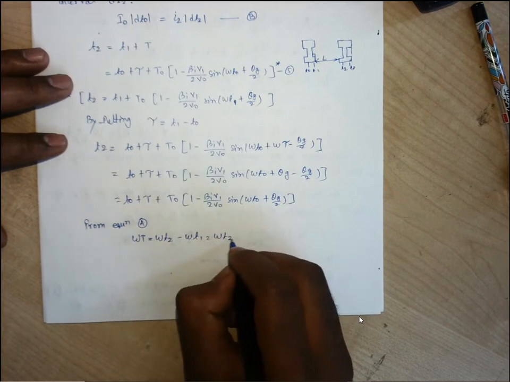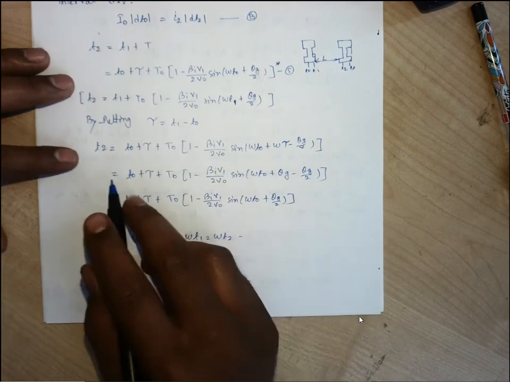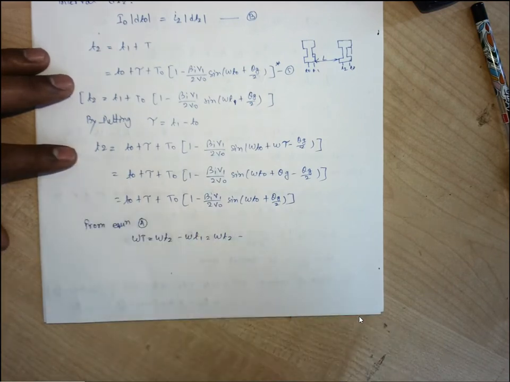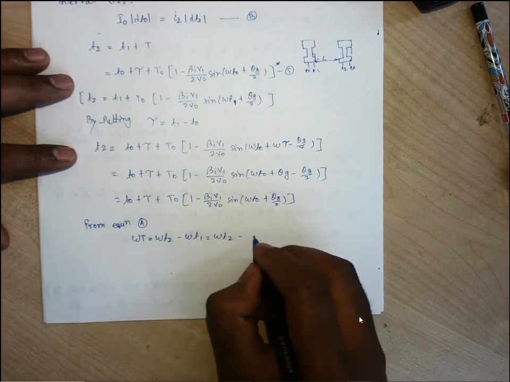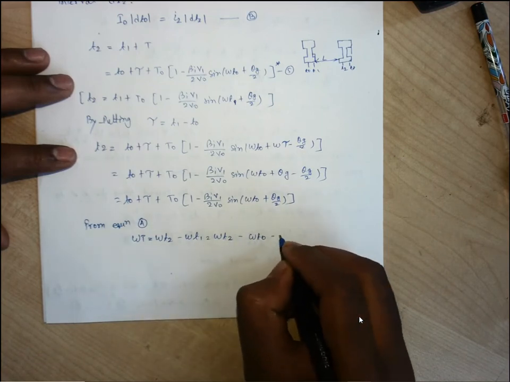If we put the value of this t2 here, let me write about this t1 first: omega t naught minus omega tau.